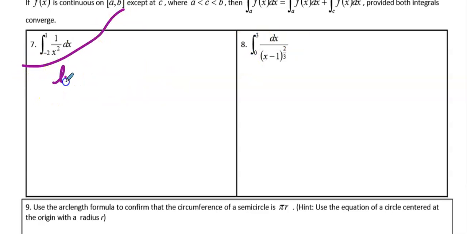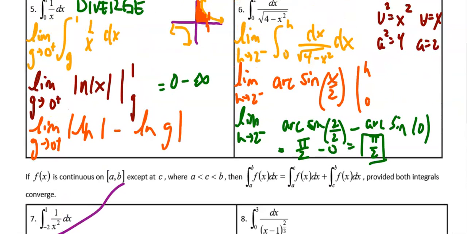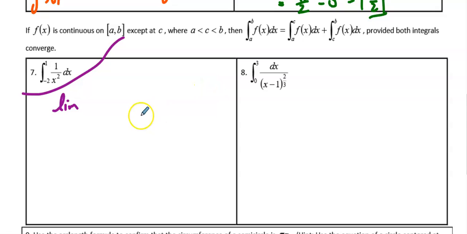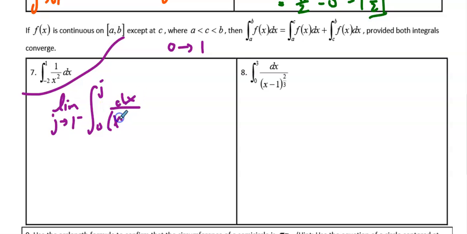So the limit as, what letter am I on now? You'd think I would know this. So I'm going to do j, not i. So j approaches 1 from the left of 0 to j. And again, from 0, we approach 1 from the left-hand side. So 1 from the left of our function, dx over x minus 1 to the 2/3 power.